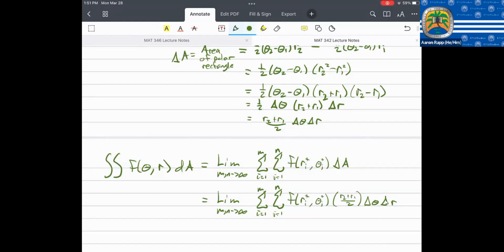Now think about it. We're going towards infinity, which means these pieces are getting smaller and smaller, which means those two radiuses, R1 and R2, are getting closer and closer to what? Not to zero, together. They're getting closer and closer to the same value. If I take that limit, R1 and R2 are going to become the same value. It's going to become whatever the radius is, whatever some value R is.